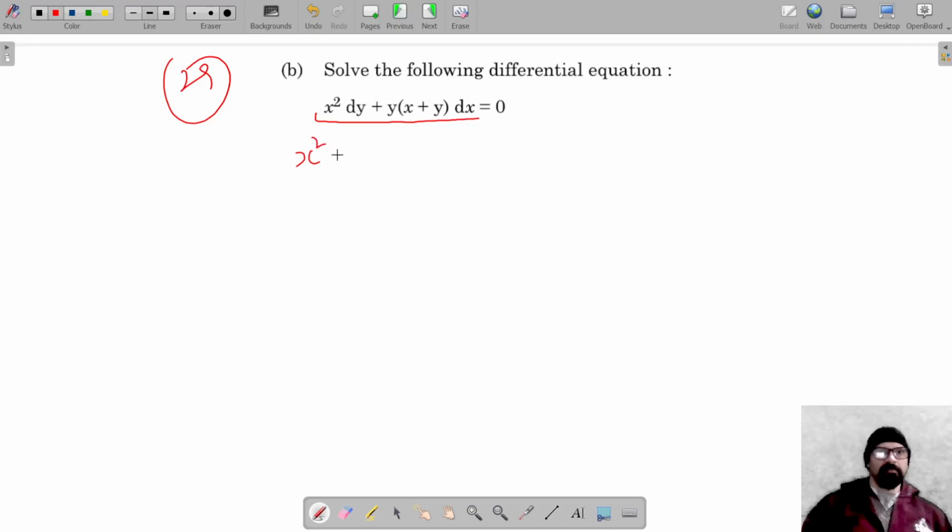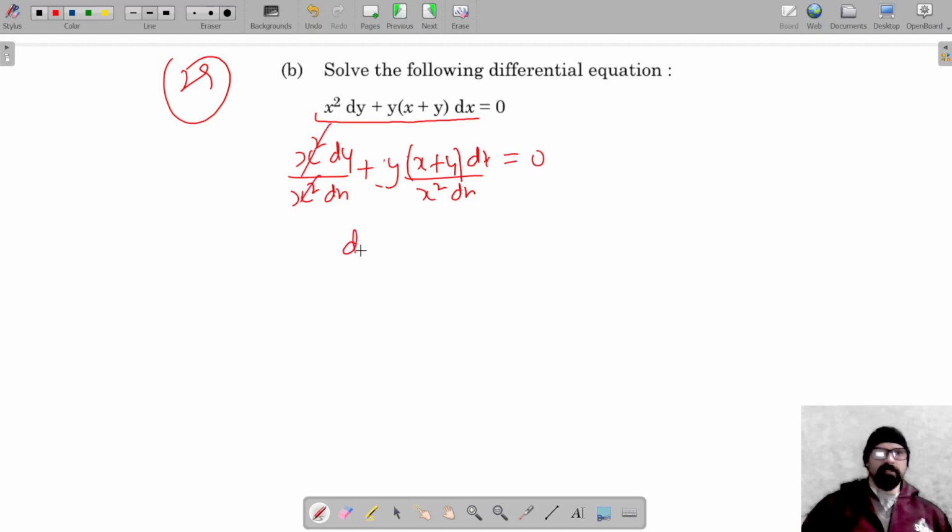So let's divide: x² dy by x² dx. Similarly here, this is y into x plus y into dx, divided by x² dx, equal to 0.